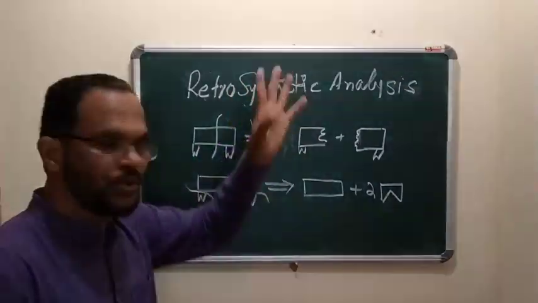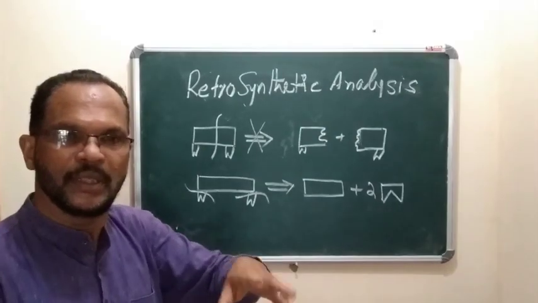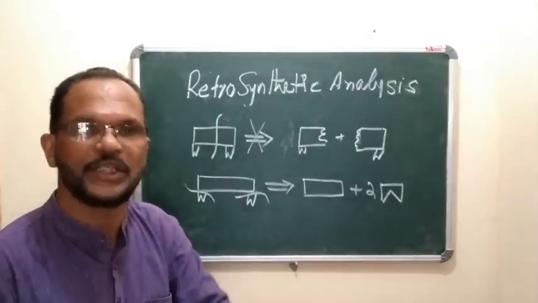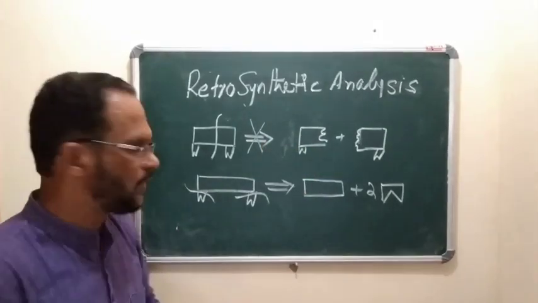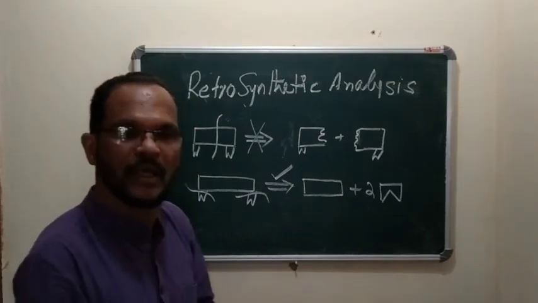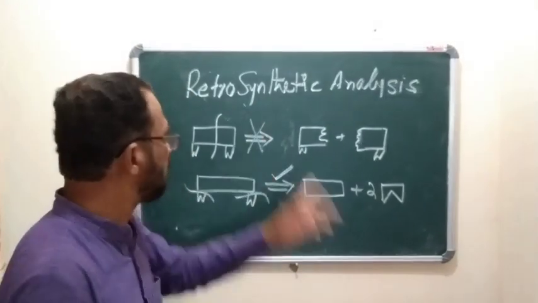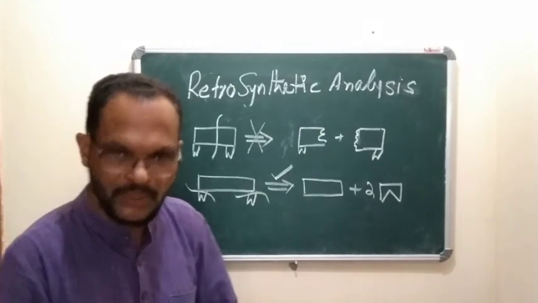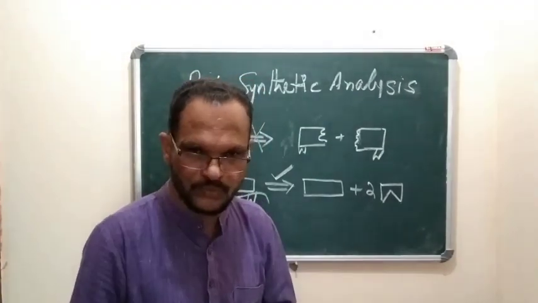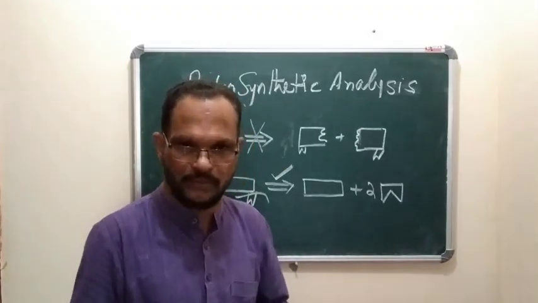The retrosynthetic concept of cleaving, dismantling or disconnecting the object in this manner is always acceptable and more reliable than the other one. That means we cannot divide the molecule at any position.